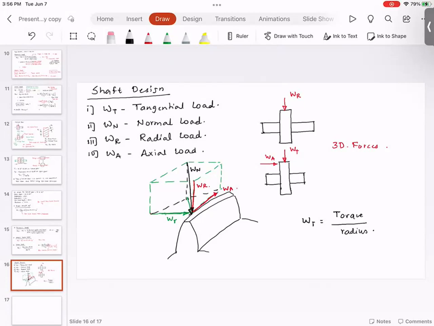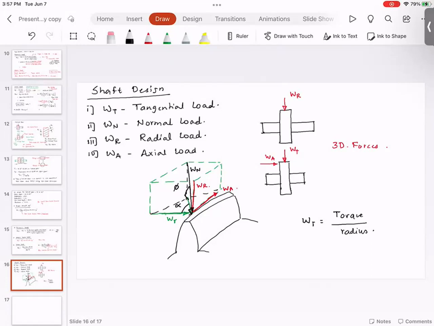And then we have this pressure angle, and we have the helix angle. So this is the pressure angle, and this is the helix angle.